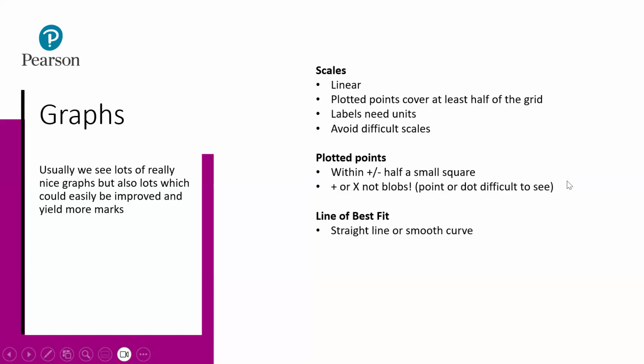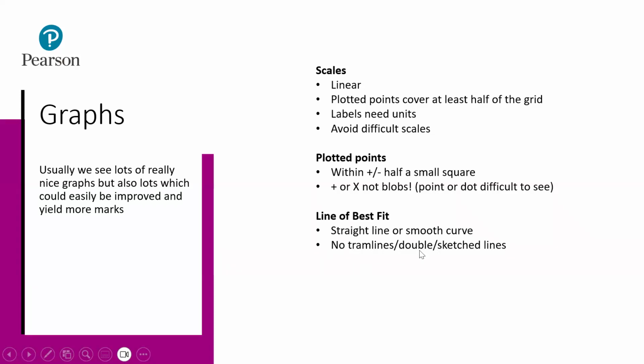Line of best fit should be a straight line or a smooth curve. Usually at this age, the line will pass through all of the points, unless there's a deliberate anomaly. We don't like to see tram lines or sort of artistic sketches and so on.